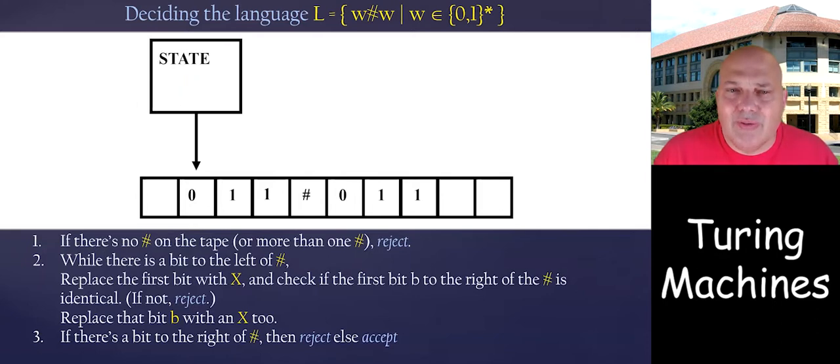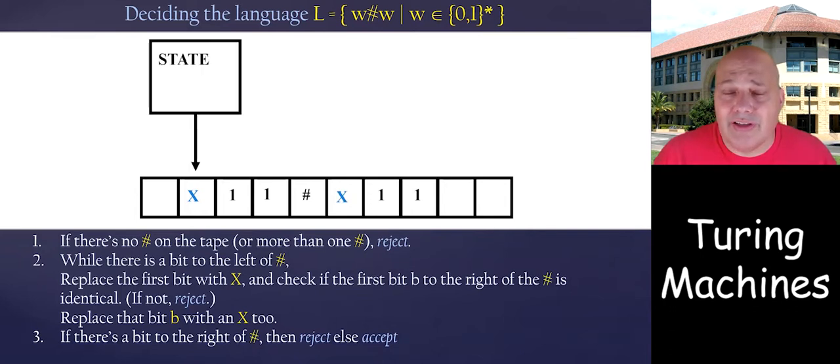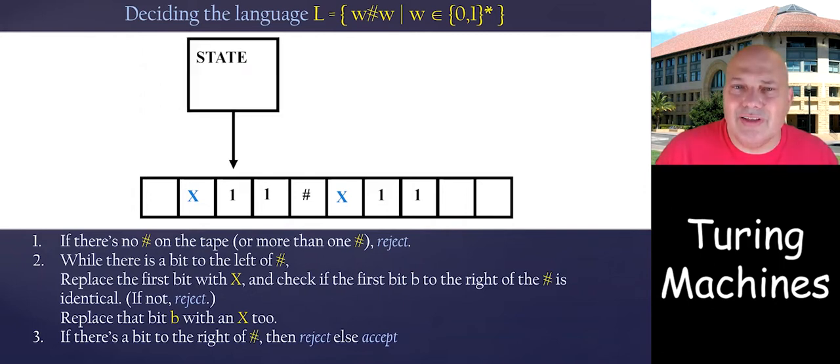So we look and we find that the first bit is 0. We replace it with an X, and now we're searching for the sharp and for the first bit after it. We see that it is indeed 0, so we're happy, we replace it with an X, and we go left. We find the last X, we go with it to the right. We identify that the first bit is 1.